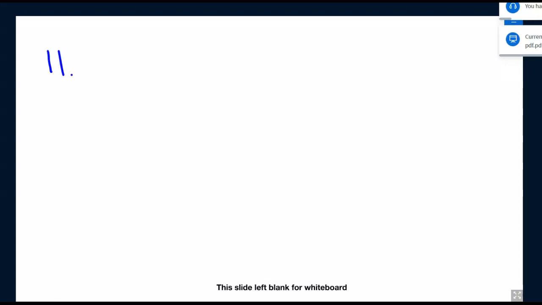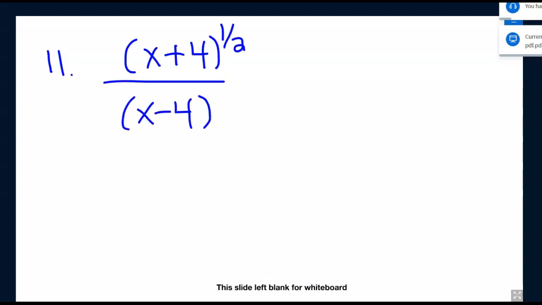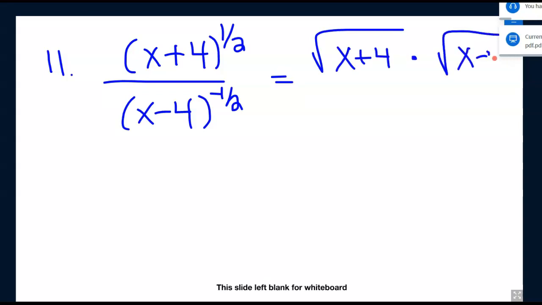11. So here they're different, so you can't group them. So you have the square root of x plus 4 times the square root of x minus 4, because the negative exponent would bring it up.